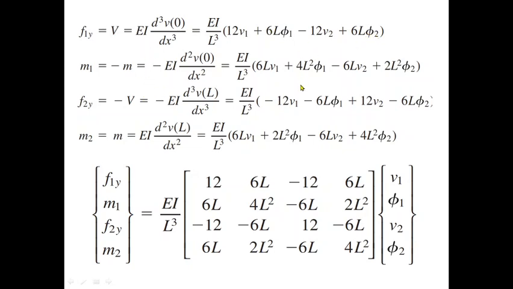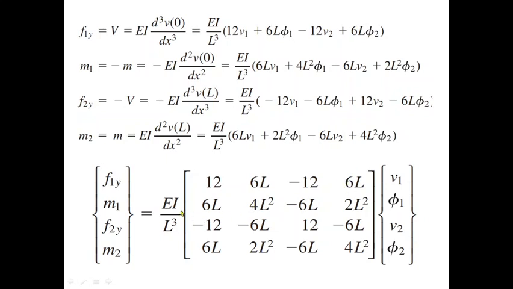Similarly write down all the equations, and in order to get the final matrix form, that is in the form F equals K Q, just take the coefficients. So the v1 coefficient is 12, theta 1 coefficient is 6L, v2 coefficient is minus 12, and theta 2 coefficient is 6L.